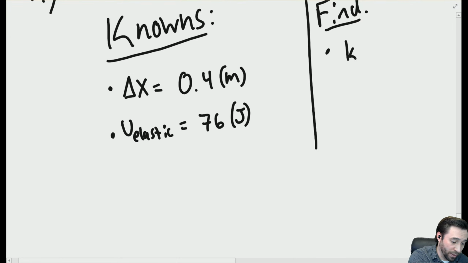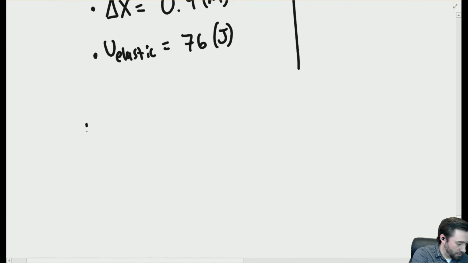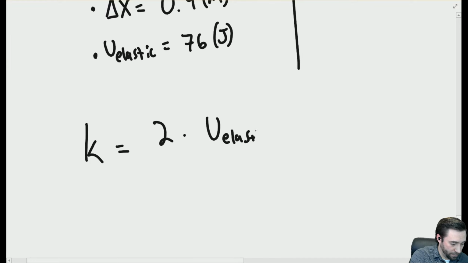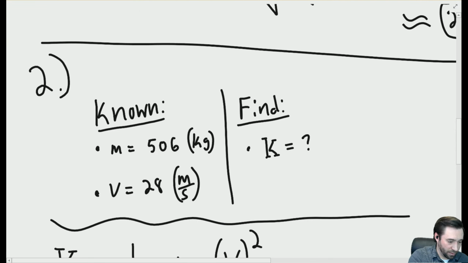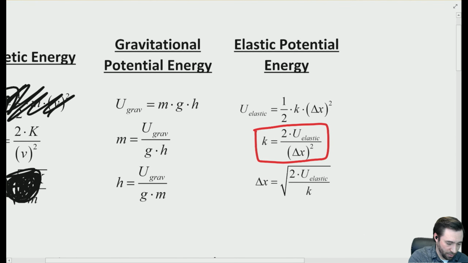So that is a lowercase k, and I don't know what that is, so that's going to be in newtons over meter. And so the spring constant is going to be 2 times U elastic over delta x squared. And just to make sure I did it right, yep, 2 times U elastic over delta x squared.